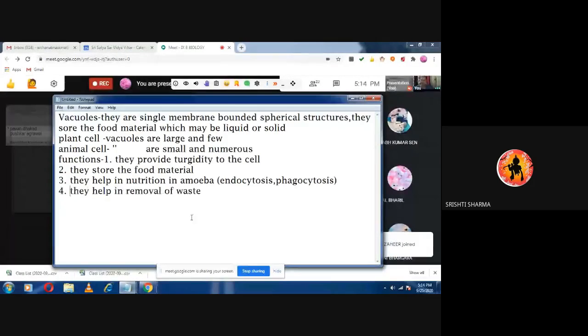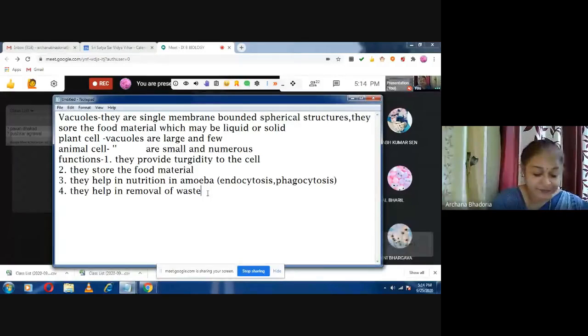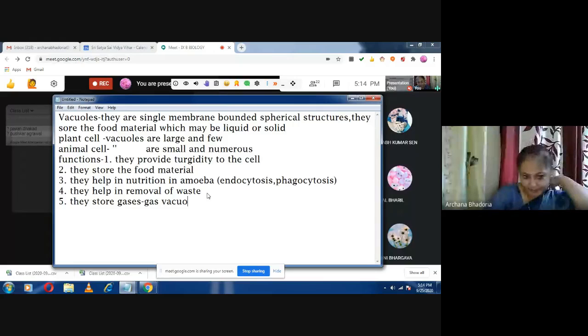Then in aquatic plants, remember, they provide buoyancy, or they store the gases also. So you can write down, they store gases, and they will be called gas vacuoles. So they store gases, known as the gas vacuoles.